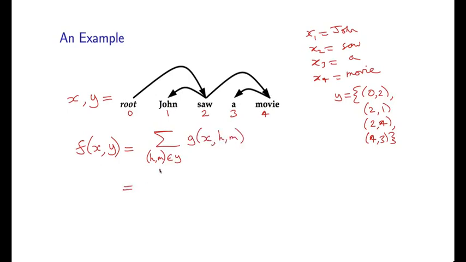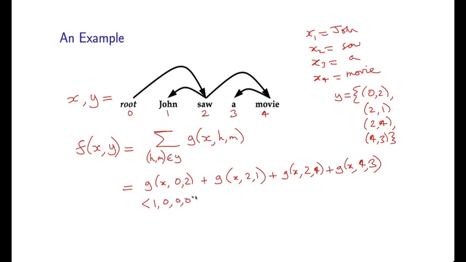So for this particular example, this is going to be g of x, 0, 2 plus g of x, 2, 1 plus g of x, 2, 4 plus g of x, 4, 3. So again, we're playing this trick where we define a global feature vector as a sum of local feature vectors, where now we have a local feature vector for each of the directed arcs in this dependency parse. So we might, for example, have feature vectors like the following.